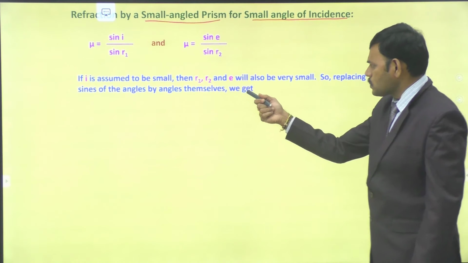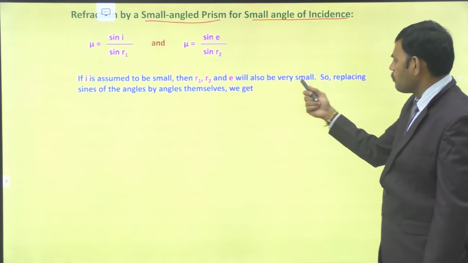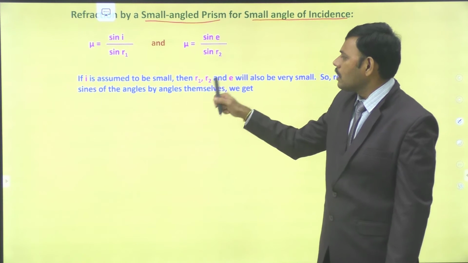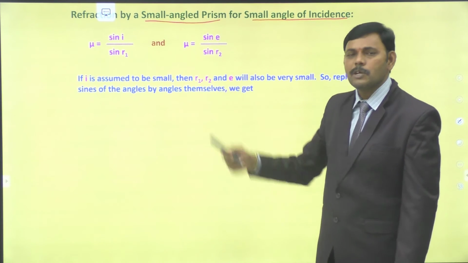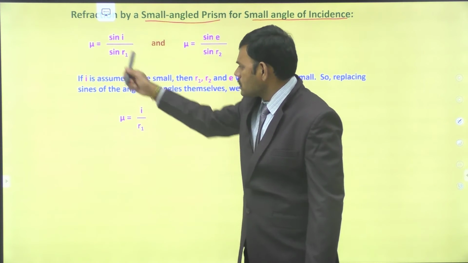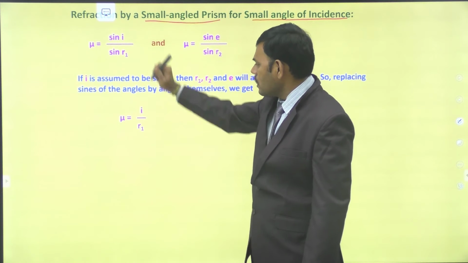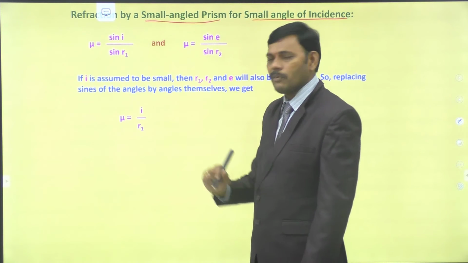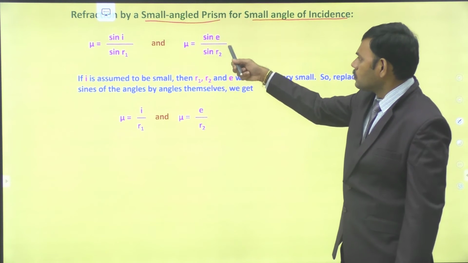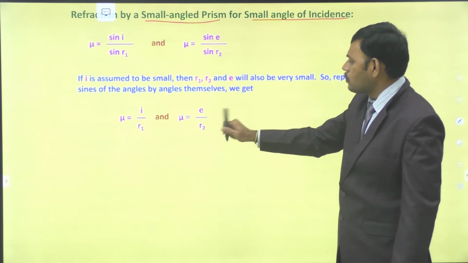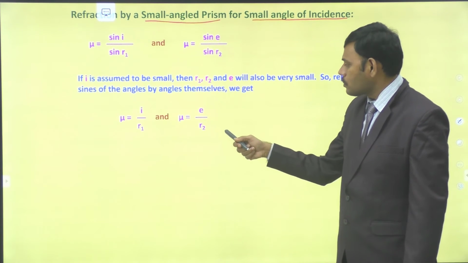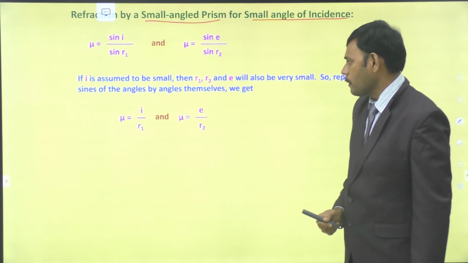For small angles, the sine of the angle is considered to be the same as the angle. So mu is equal to I by R1, sin I is I and sin R1 is R1, and in the second case mu is E by R2, sin E equivalent to E and sin R2 equivalent to R2. For small angles of I, E, R1, R2, we get this approximation.